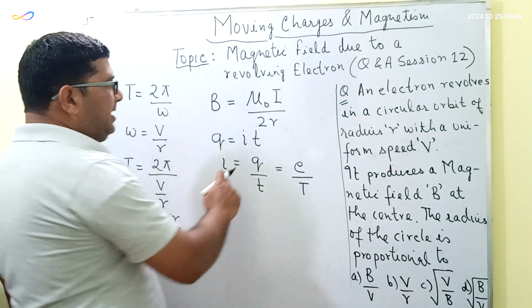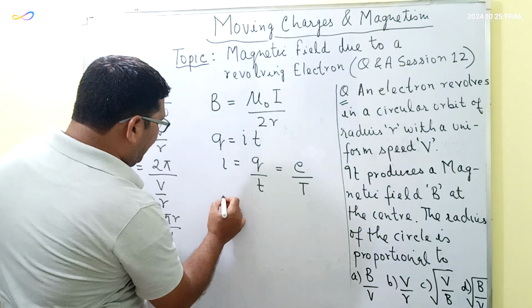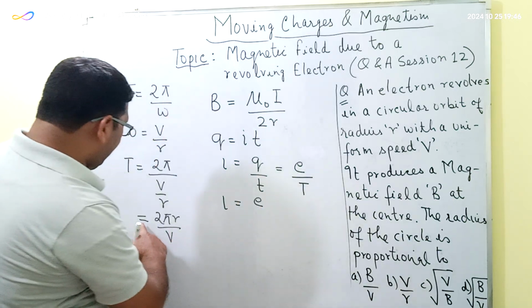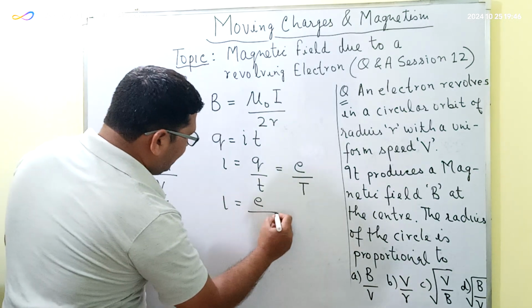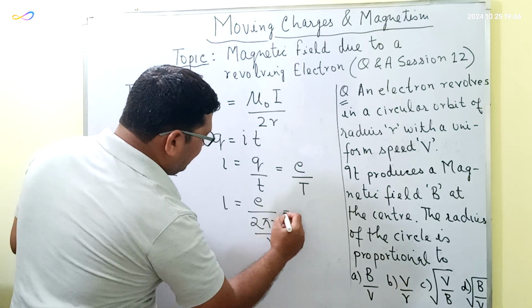So the current due to this revolving electron can be written as e divided by T, which is e divided by 2 pi r upon v.